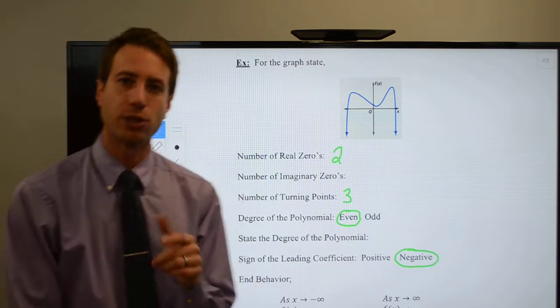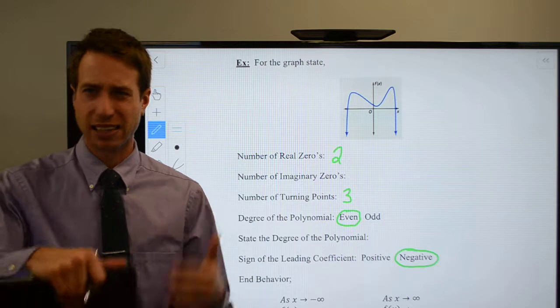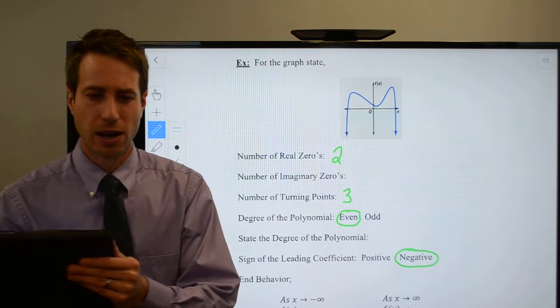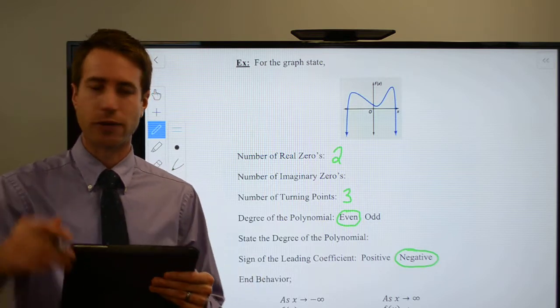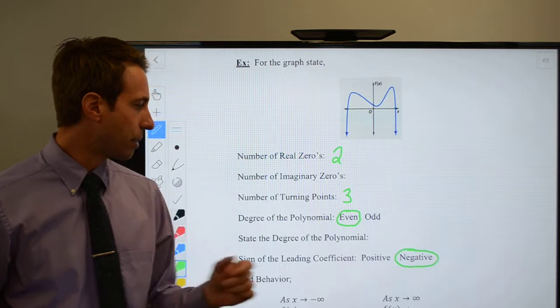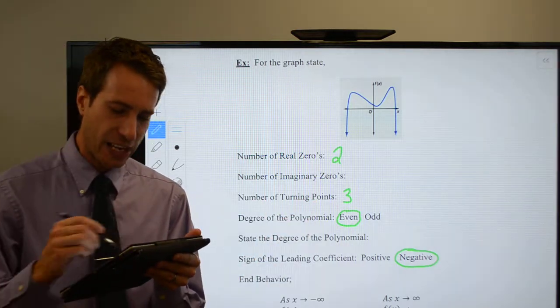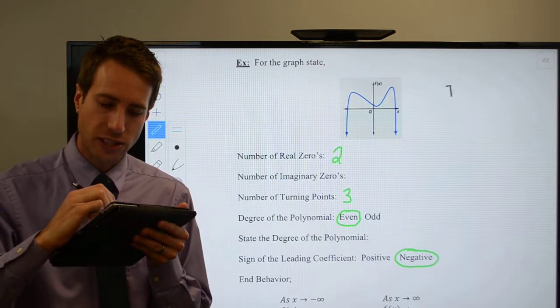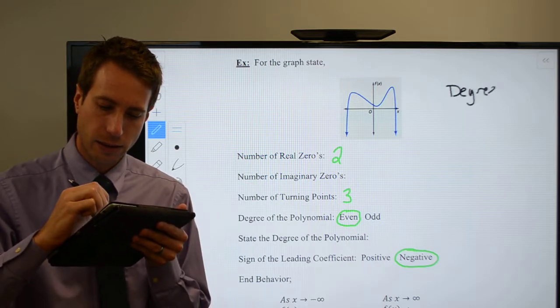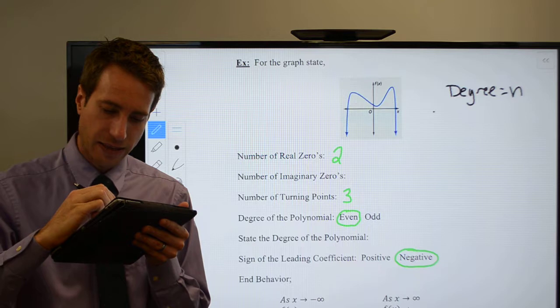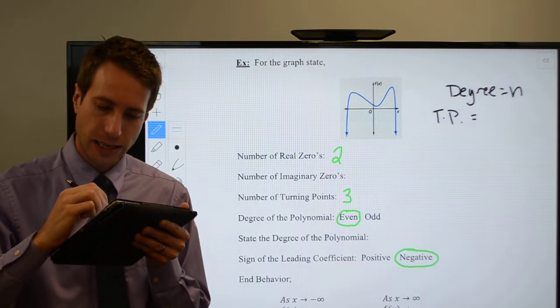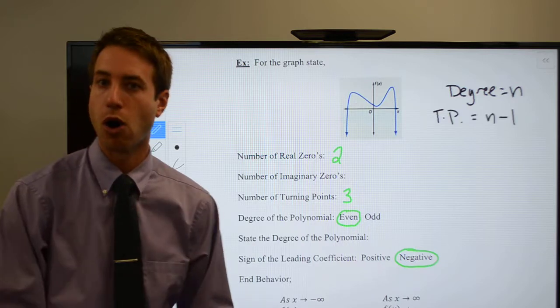All right, now we come to where we take a little bit of a round the backside approach to this. Really important here, number of turning points. Remember, I mentioned a page or two ago, we call the degree n, and the turning points is equal to n minus 1.